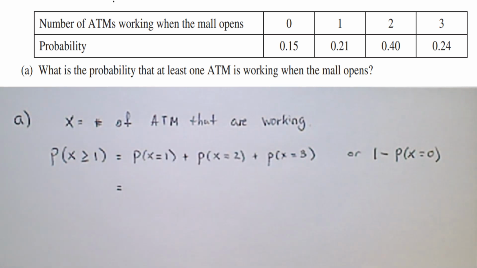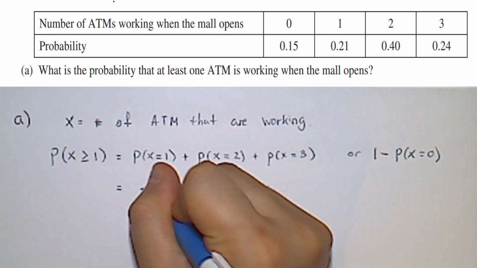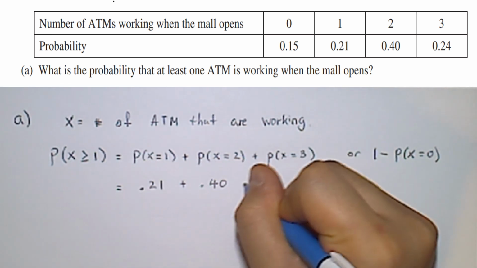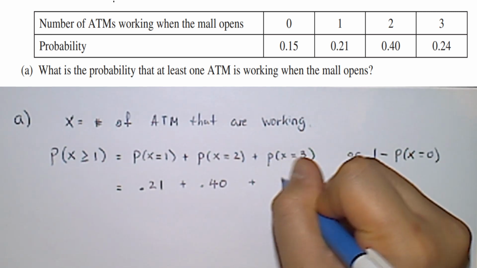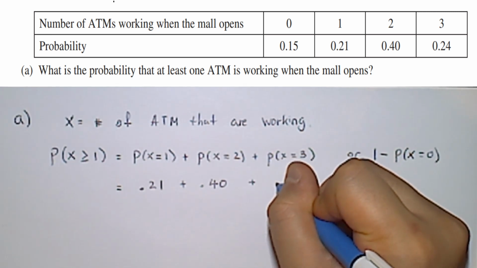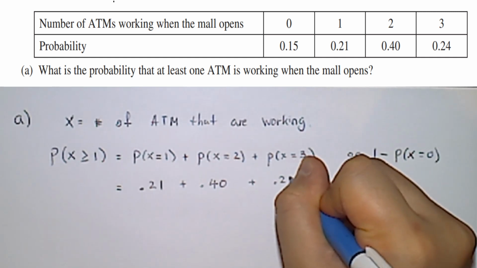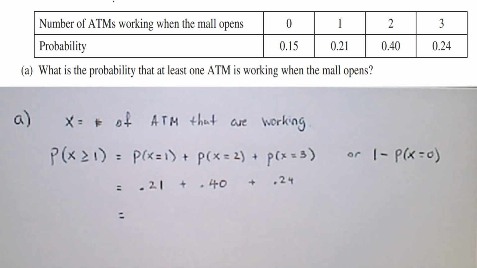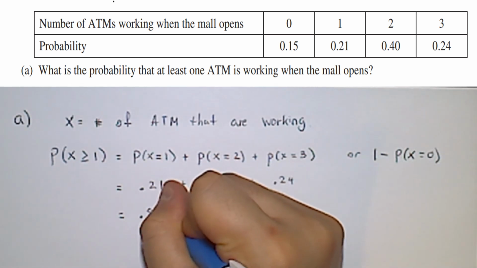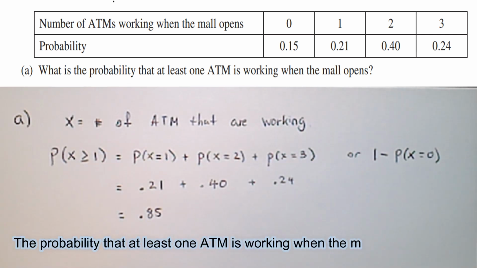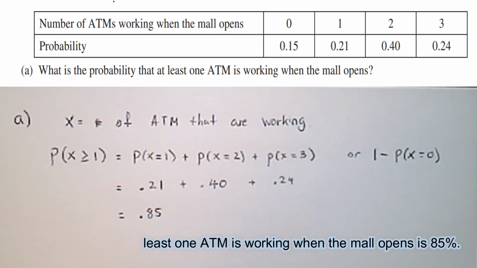So probability of 1 was 0.21, 0.40 for x equal to 2, and x equal to 3, being 3 working ATMs at that moment, was 0.24. If you add them up, you should have 0.85. So the probability that at least one ATM is working when the mall opens is 85%.